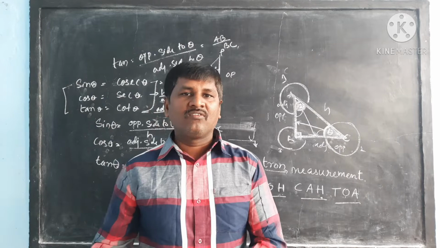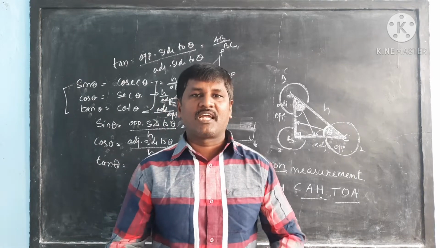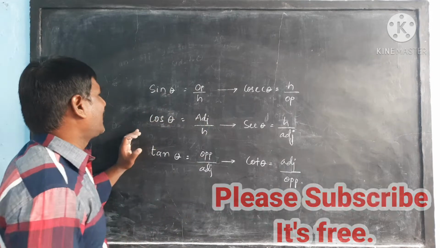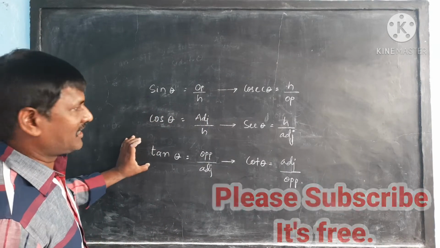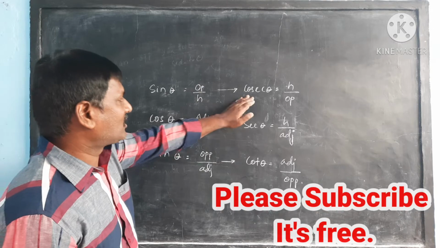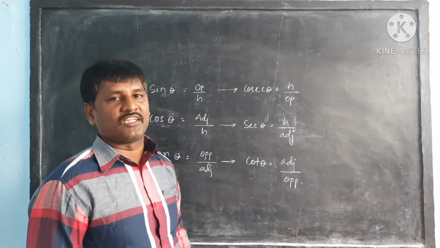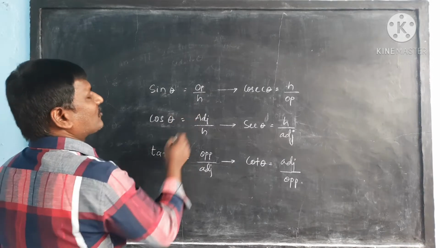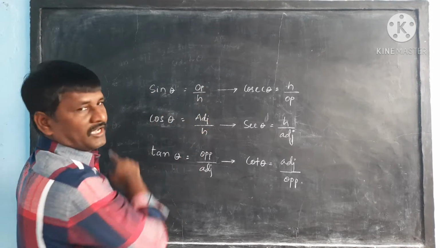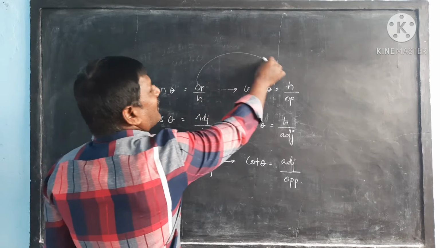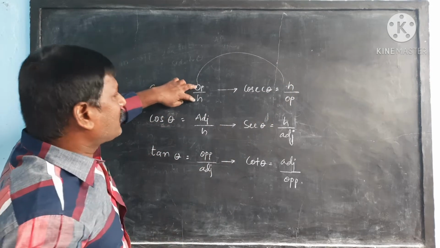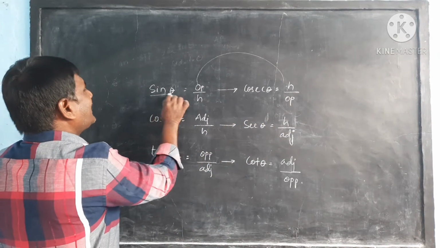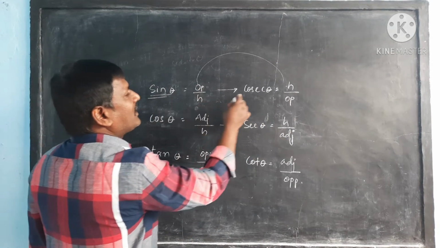Let us see how these 6 trigonometric ratios are related to one another. They are sin theta, cos theta, tan theta, and their reciprocals cosec theta, sec theta, and cot theta. So now, discussing their relations: sin theta is equal to opposite by hypotenuse. Its reciprocal, hypotenuse by opposite, is cosec theta.